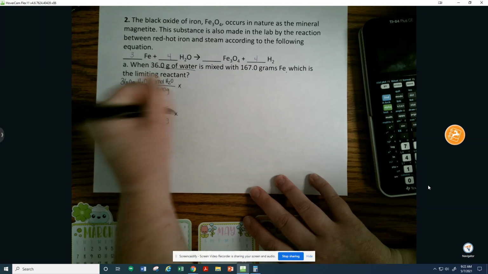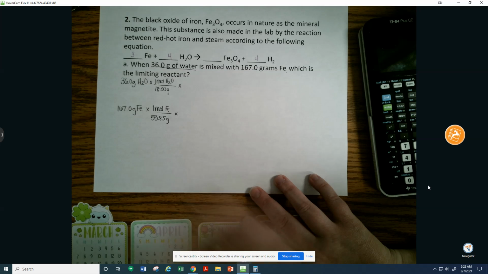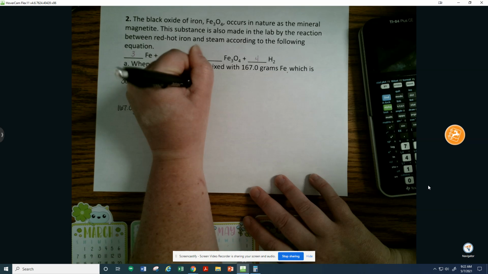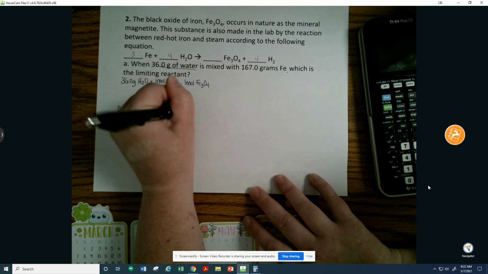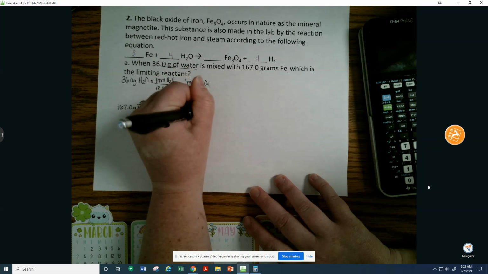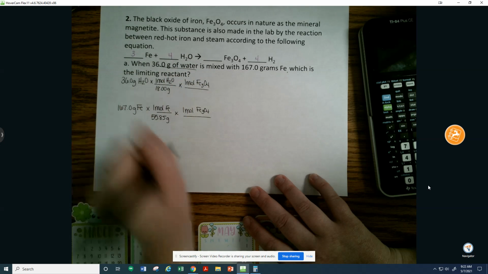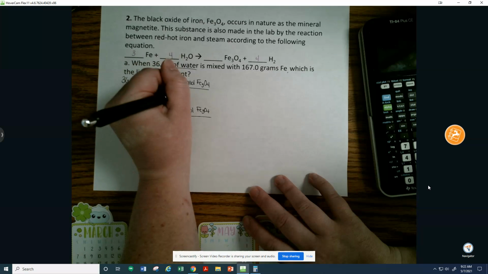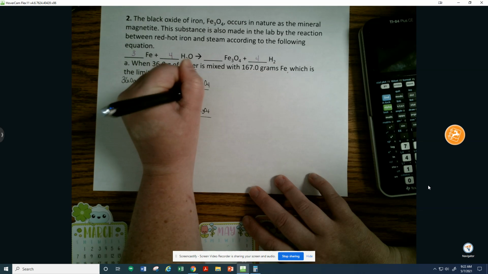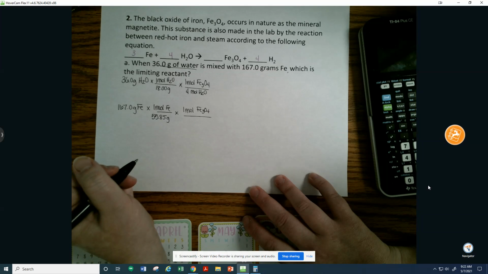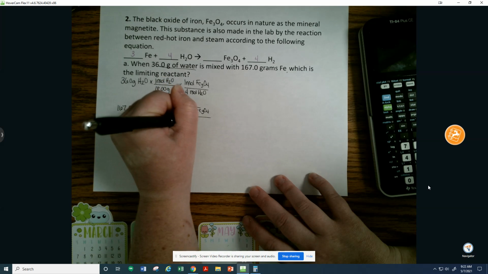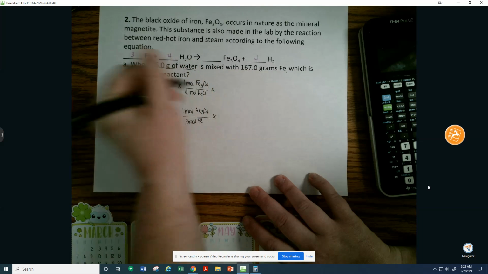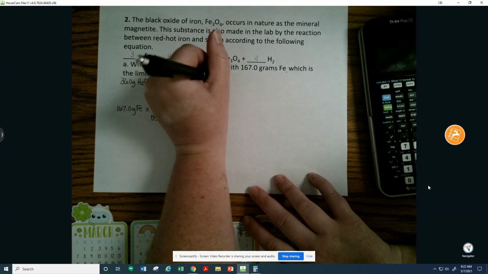So in both of these, we're going to solve for the Fe3O4. So that's going to be my numerator in both scenarios. It is equivalent to, and my denominator, so up top I'm working for water, so that means my denominator is 4 moles of water. And my denominator with my iron is going to be 3. And again, the thing that's nice here is that the Fe3O4 is going to be used the same in both problems.